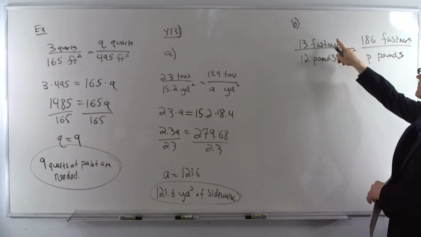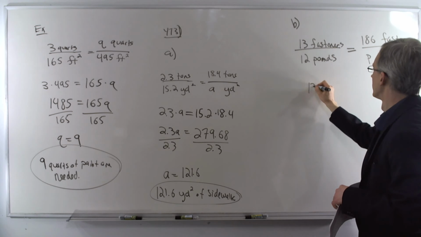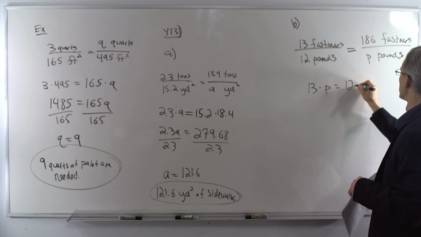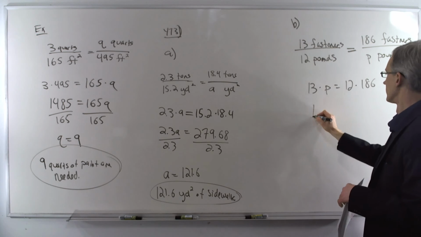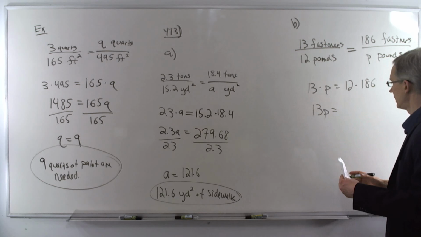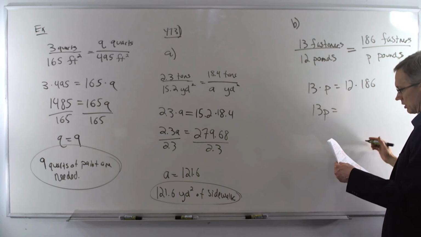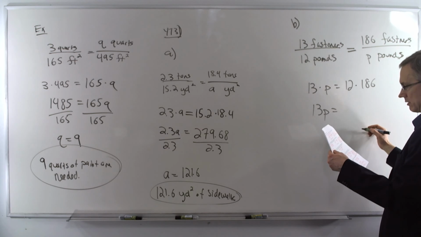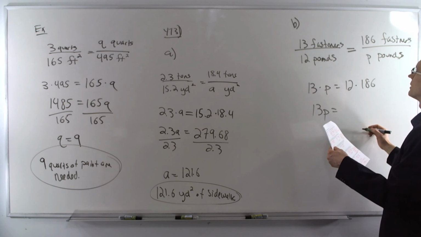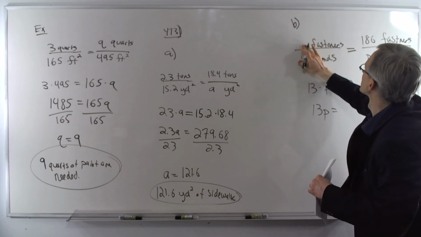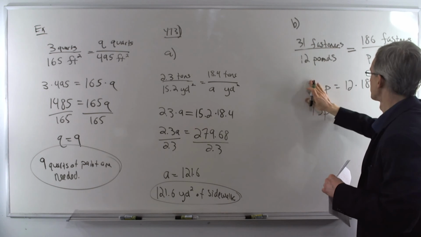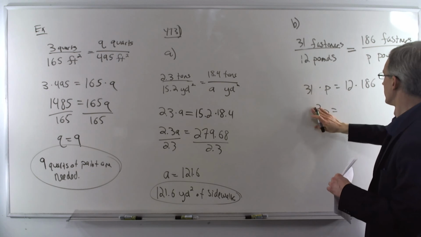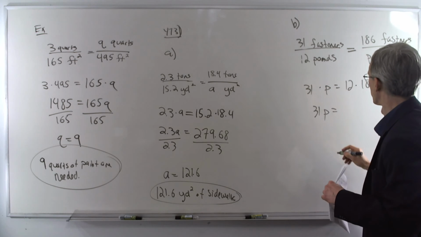Solve it. Cross multiply, 13 times P, and 12 times 186. So we get 13P equals 2,232. Did I write 13? Oh my goodness. That's supposed to be 31. Transposed my numbers. There we go.